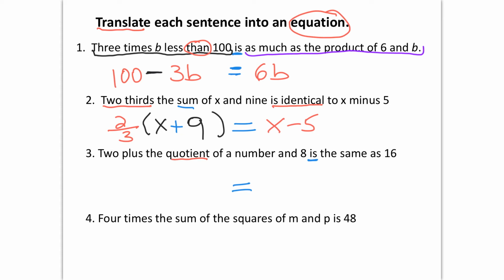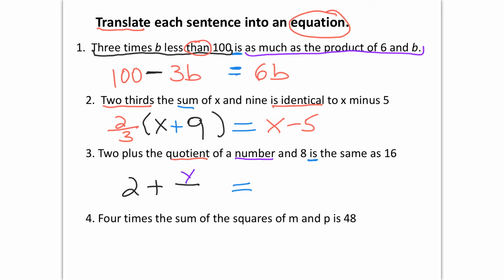So first, let's go ahead and put the 2. So 2 plus the quotient, this is my fraction line, a number. Now for a number, I'm just going to use a variable here, and I'm going to choose y for this sentence. It can be any letter in the alphabet, but I'm just going to use y for a number.